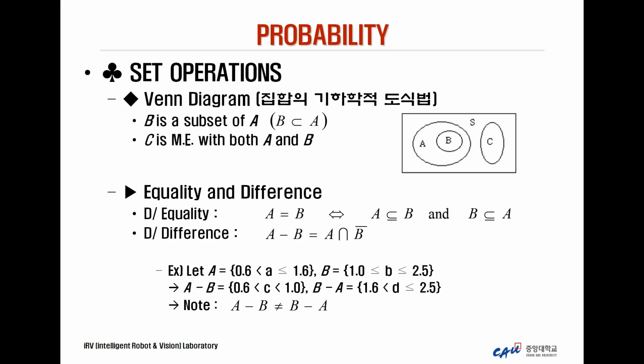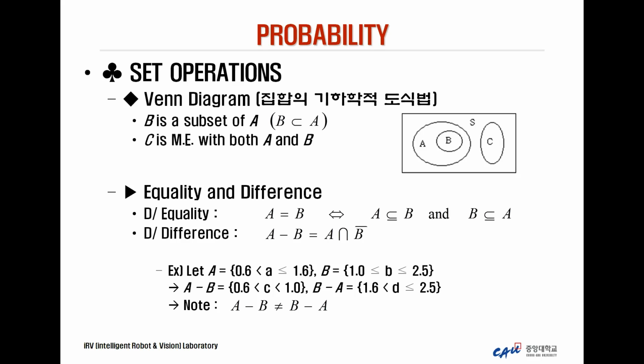For example, let's say we have A whose element small a is greater than 0.6 and less than or equal to 1.6, and B is defined by the element small b, which is greater than or equal to 1.0 and less than or equal to 2.5.